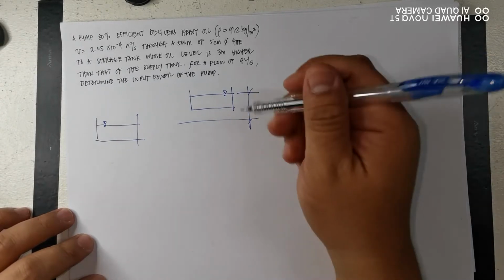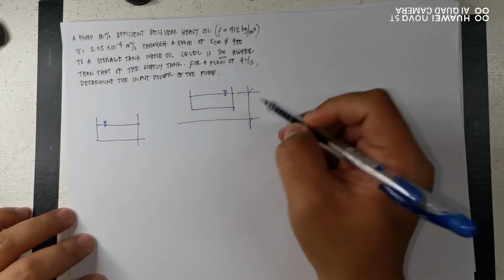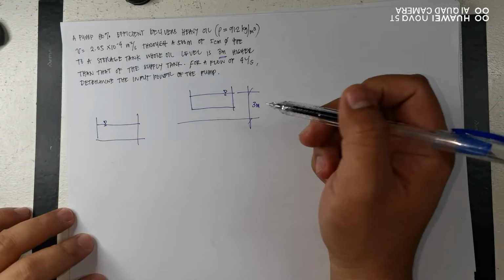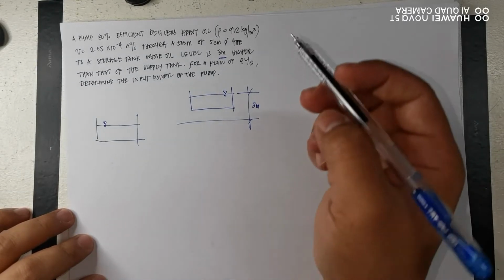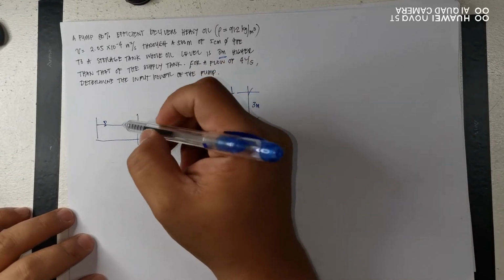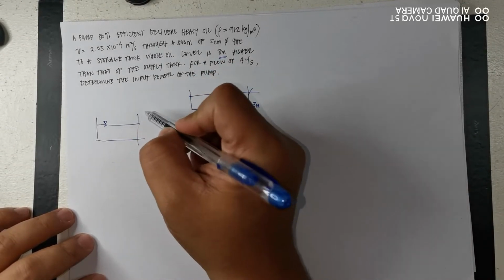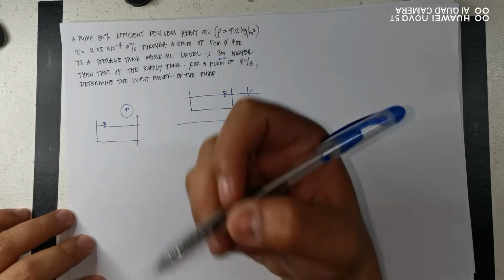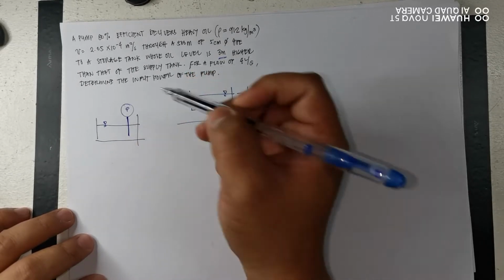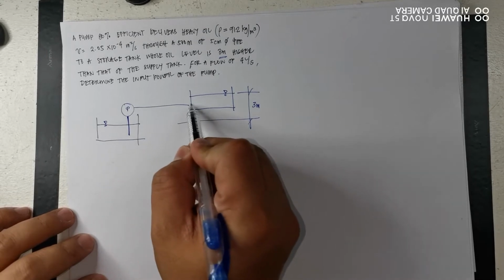So pwede natin siyang sabihin na ito ay 3 meters, kasi sabi ito raw ay 3 meters higher than that. Okay. So meron daw pump. Sabihin natin nandito si pump. Dito na lang siya pinadaan sa ibabaw. So, kuha siya ng supply galing dito sa container na to, then papunta dito.